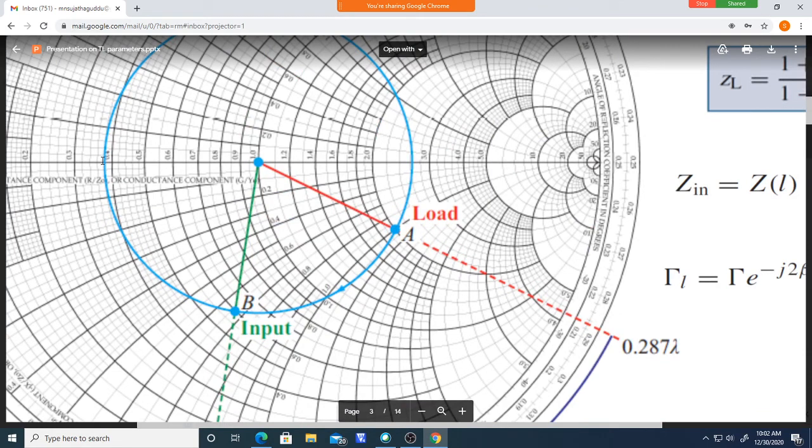Actually it is always on the left side of the Smith chart, wherever the VSWR circle cuts the horizontal line of the Smith chart. There occurs the minimum impedance. See like this, here is the minimum impedance. So this is the minimum position.